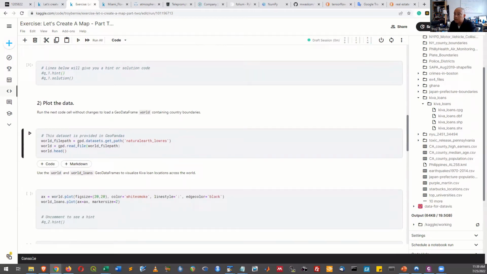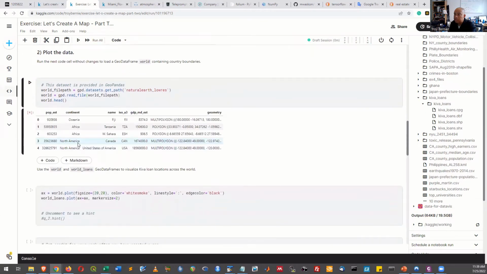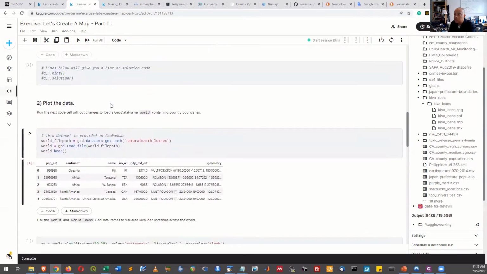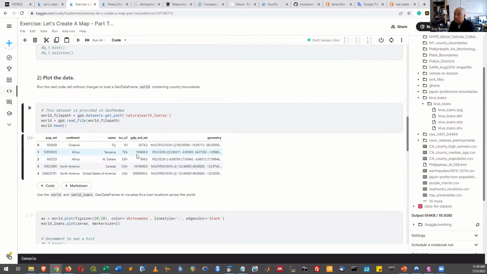Taking the file here, now we're going to load the GeoDataFrame containing the country boundaries. Okay, so what we've done between here and here, we've taken some of the data, added the data here, and in this case, we now have the world projection.